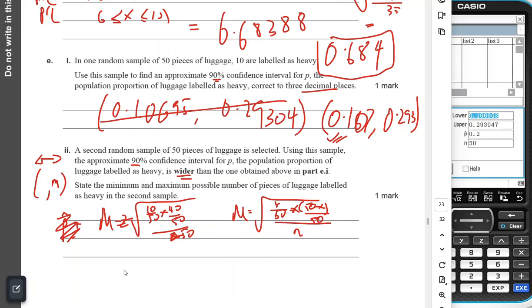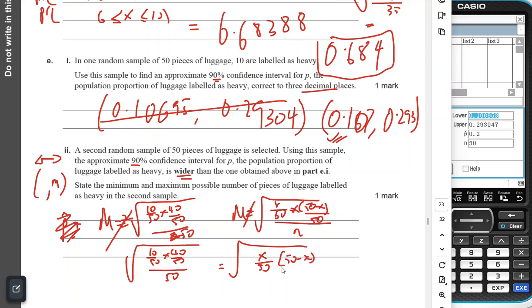So I'm comparing the Z's, the same as the Z's, so they're the same. So I've got the square root of 10 on 50 times 40 on 50 over 50 equals the square root of x on 50, 50 minus x on 50 over n, and I don't know n.